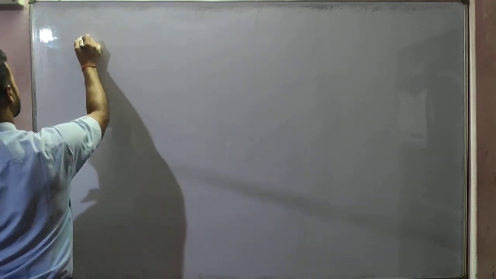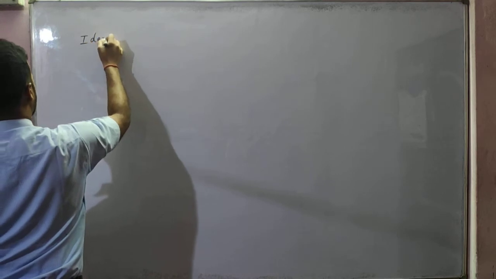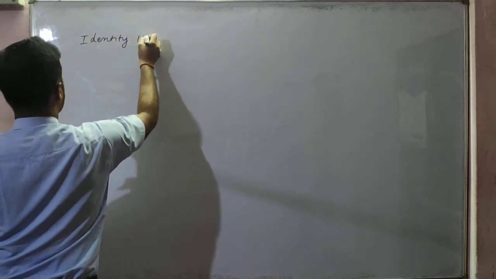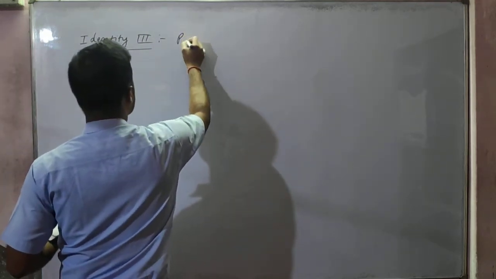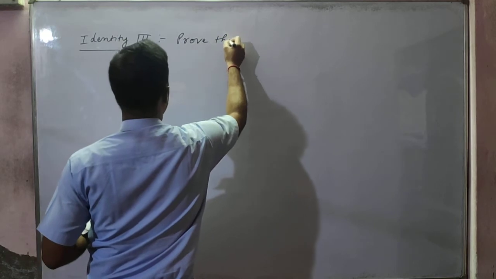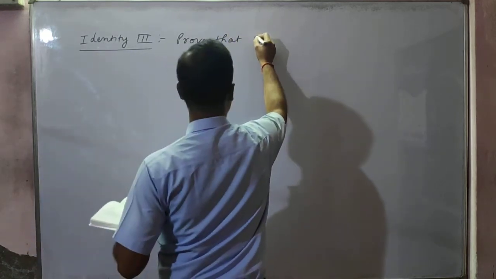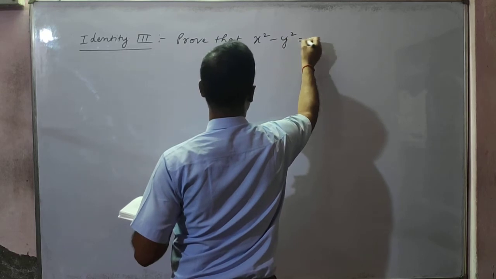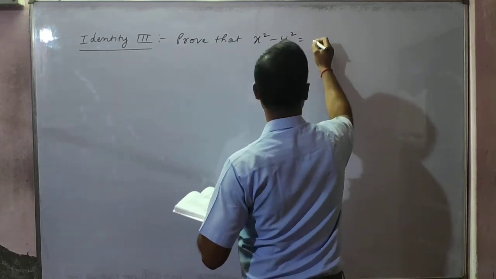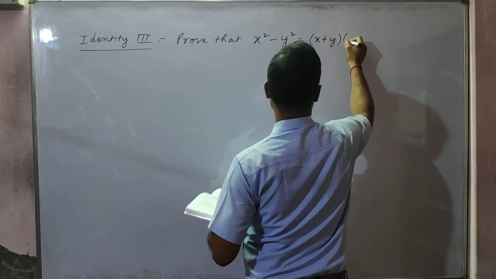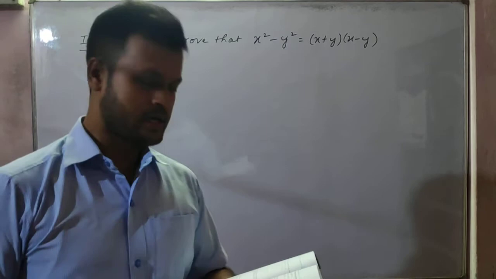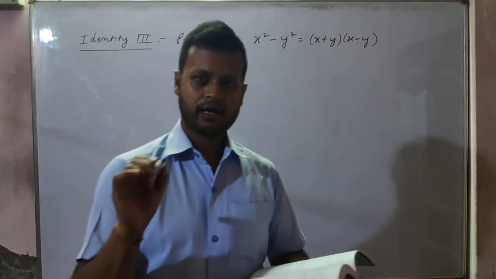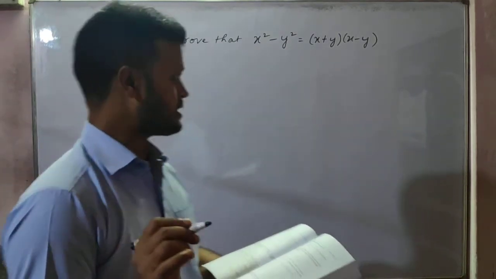Next, students, let us come to identity 3. Prove that x square minus y square is equal to x plus y into x minus y.